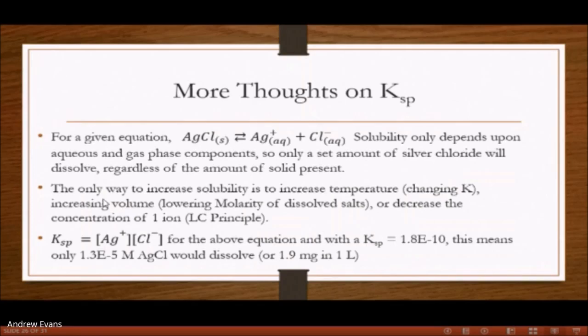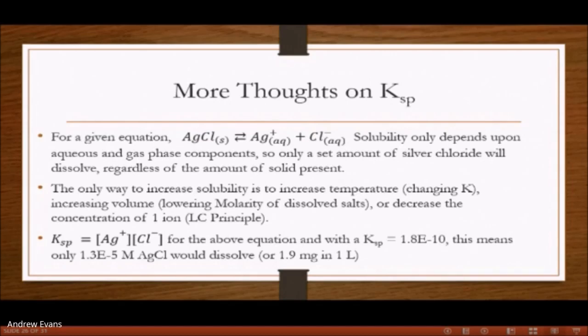But for the Ksp for silver chloride, you would get this expression, Ksp equals Ag times Cl. And we have a Ksp for this of 1.8 times 10 to the negative 10th. Now this would actually mean that only 1.3 times 10 to the negative 5th molar silver chloride could dissolve.